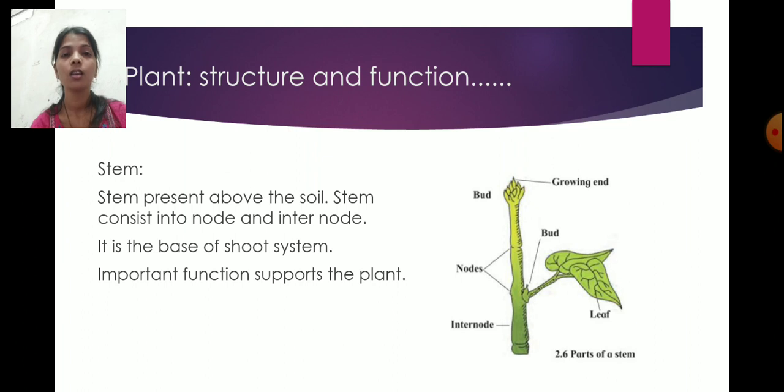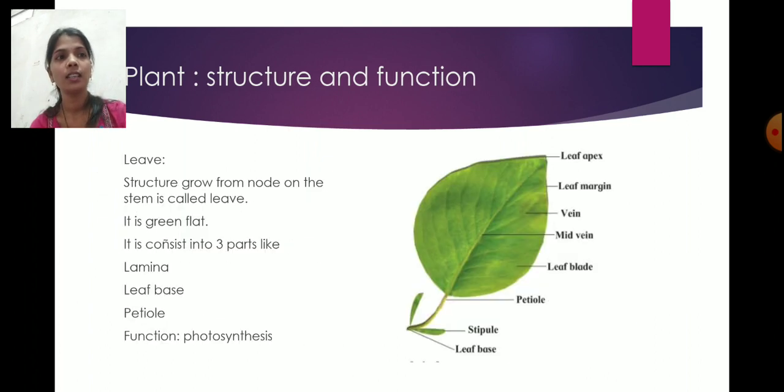The place from where leaves arise is called the node, and in between two nodes a space is present, which is called the internode. The stem performs the most important function, that is, it supports the plant, and it also transports water from the root to the other parts of the plant.